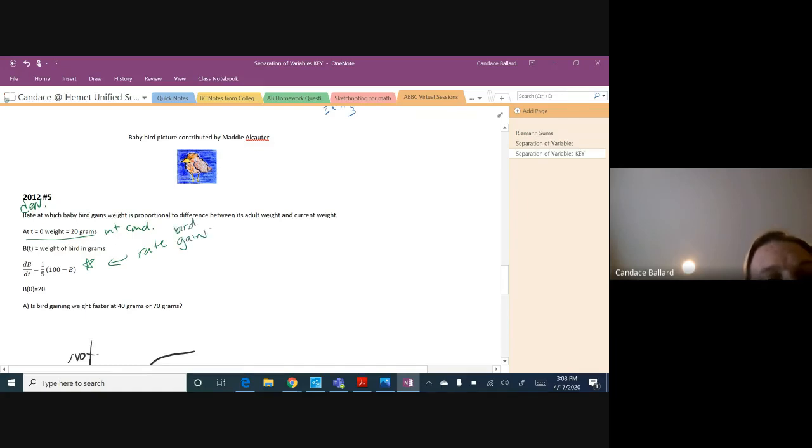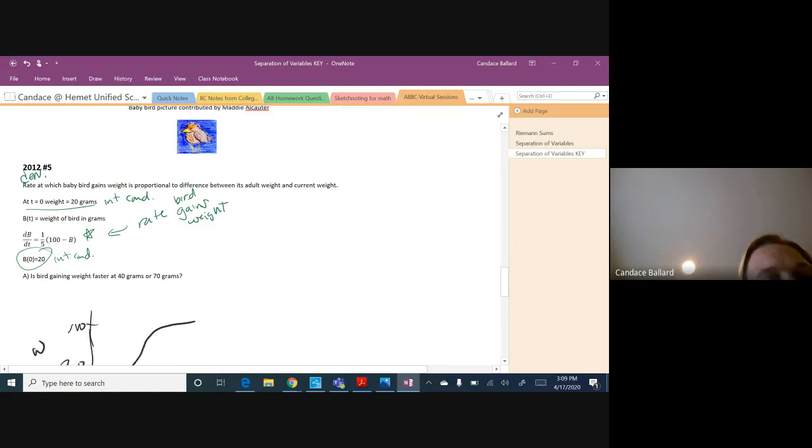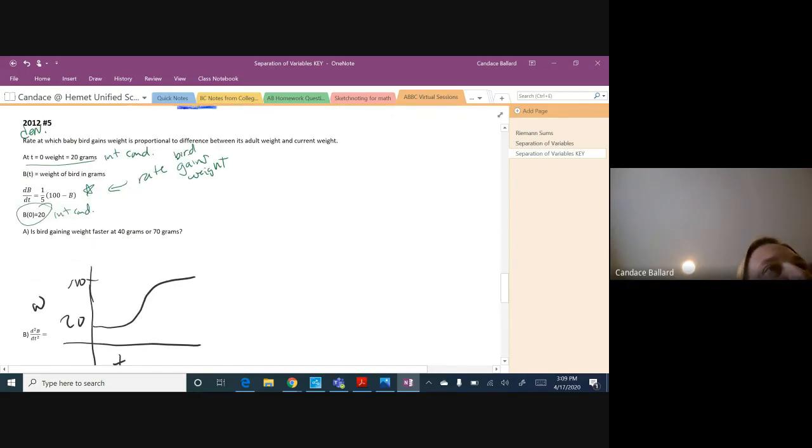And then again, they state let y equals B of t be the solution to the differential equation with the initial condition. They've given it to us twice. So it says, in part A, is the bird gaining weight faster when it weighs 40 grams or when it weighs 70 grams? So we have to figure that out.